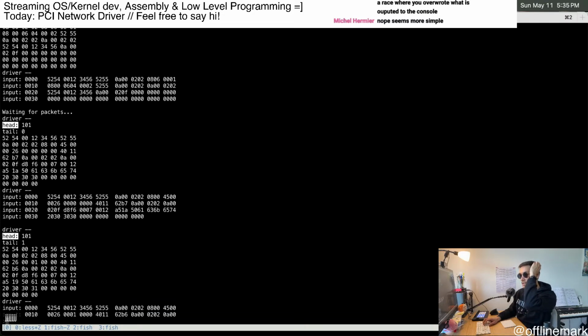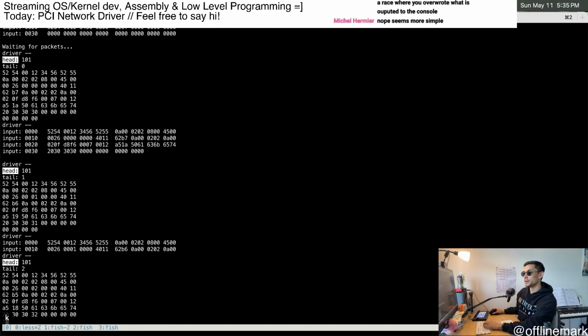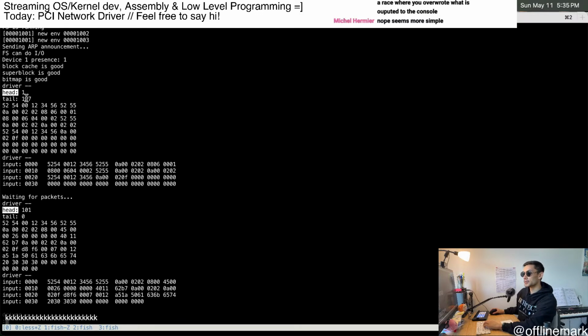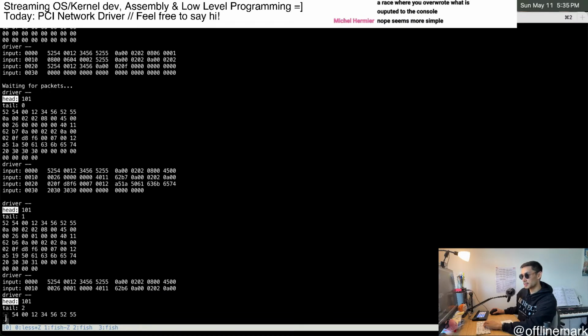Basically every time we call this function, we pop off just one thing. We can see tail start to increment, and we print out what we're processing. So we are processing the first one, 30, 30, 30, and that just appears here.